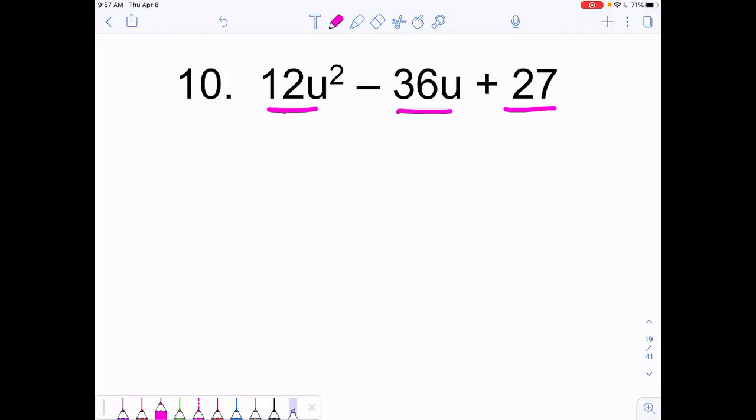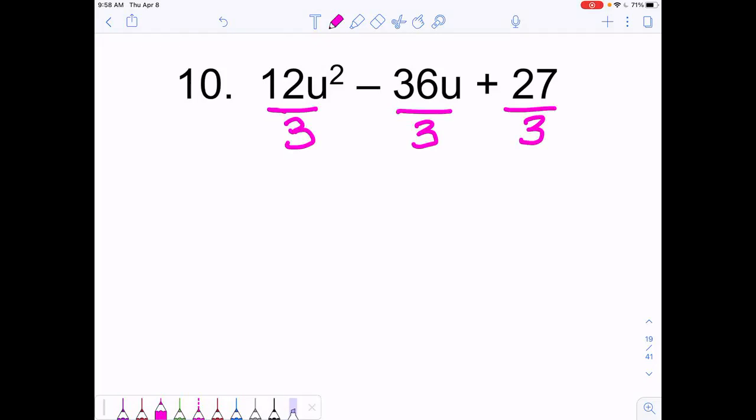How about one more than 2? Because 27 isn't divisible by 2. But what would be one more? 3. Yeah. So it's a 3. That one's a little tricky. So 3 goes into 12, 3 goes into 36, and 3 goes into 27.